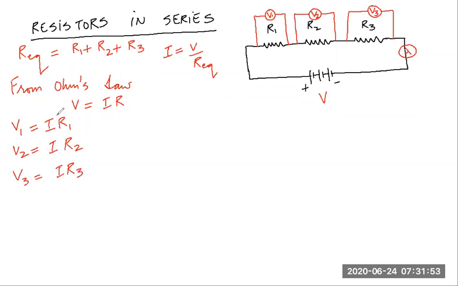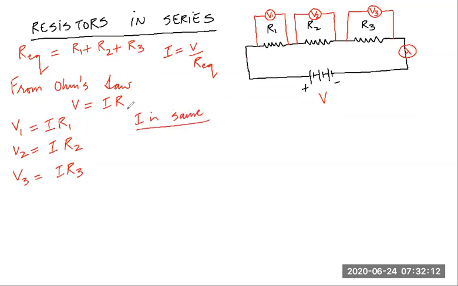Now guys, you have seen I've not taken I1, I2, I3, right? This is simply because the current flowing through each point in this circuit is the same. I is the same. Interesting.